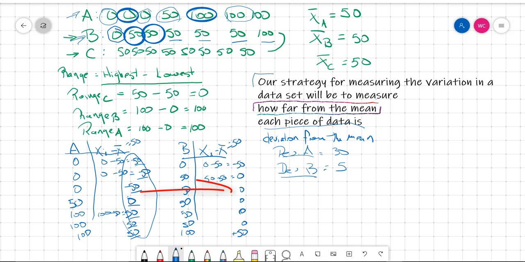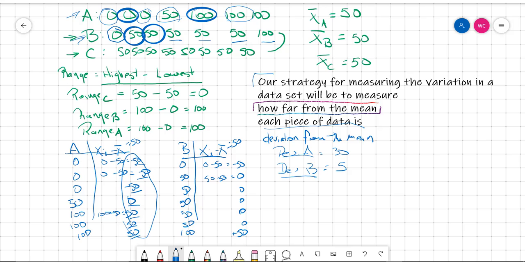And same thing here, you're going to get 0. So if you used that, you would say the deviation for A is 0 and the deviation for B is 0. That doesn't work, even though A and B don't have the same spread, but this says that they have the same value of whatever we just calculated. So that's not the best thing to do.